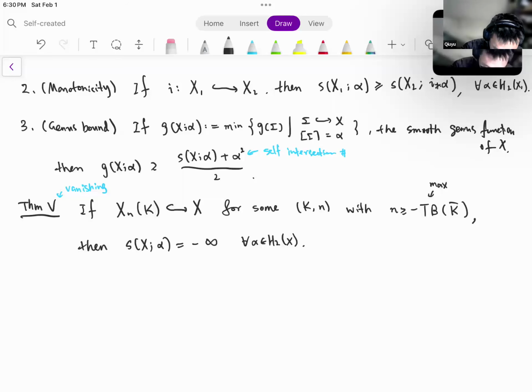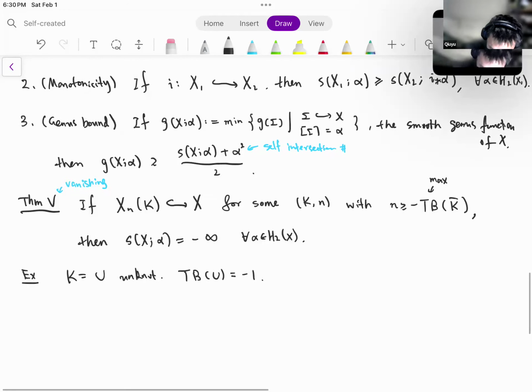So let's do an example here. In this vanishing theorem, let's take K to be the unknot. The maximal TB number of the unknot turns out to be -1. And what is the n-trace on the unknot?